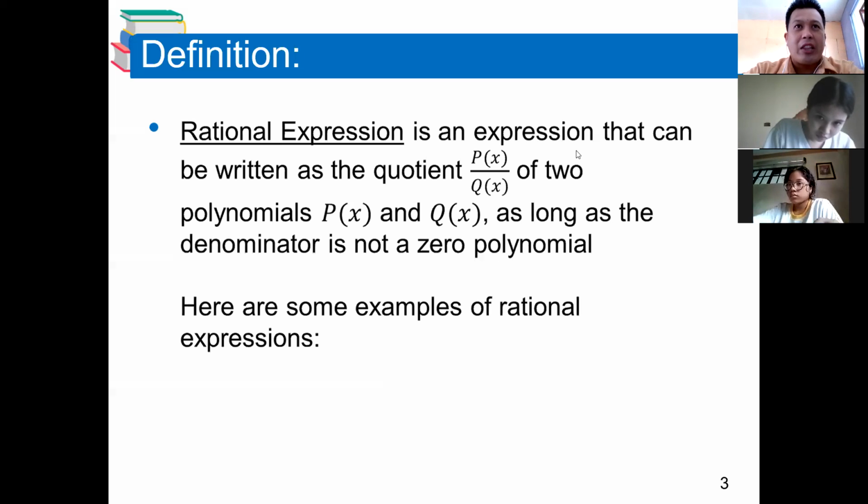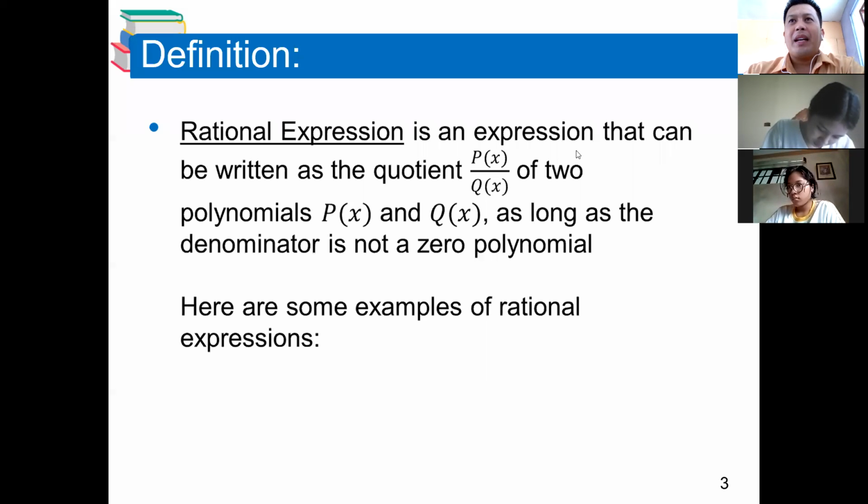Now, take note that your denominator must not be equal to 0. Otherwise, your function or your expression will end up being undefined. As has been said, a number divided by 0 is undefined. In other words, your denominator should not be a 0 polynomial.